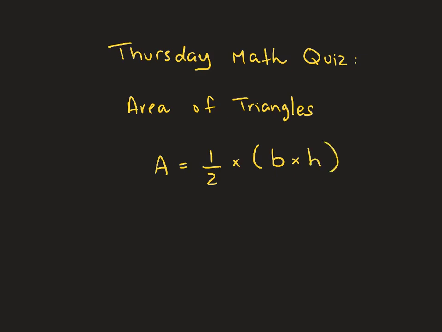Okay, and if you all saw the video and you paid attention, I highly encourage you to see that video again if you need to. Remember that the base times the height is the same thing as the length times the width. But I spoke about how we're going to stop using length times width because base times height is a little bit more relevant. It's just going to be more useful for your future and less confusing. Okay, so that's what's really important there.